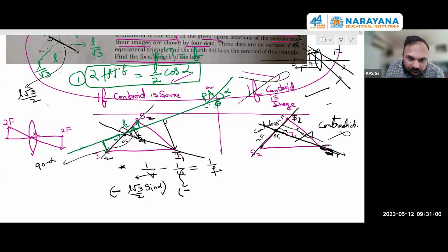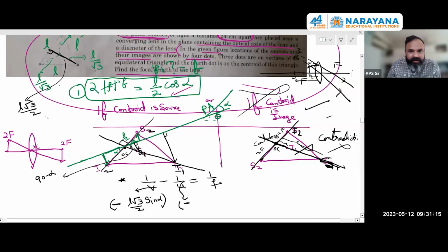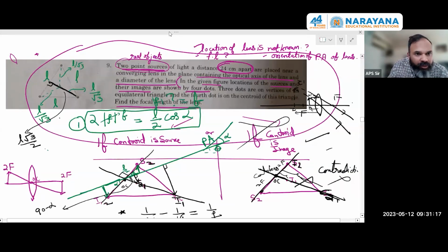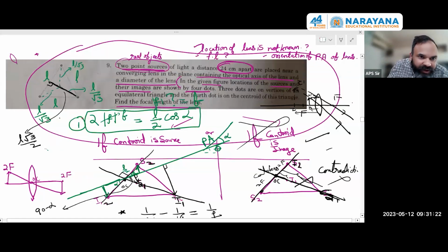Now I have to draw a perpendicular. I need the distance from S1. This black distance was known. Now let me just depict it. Let me move a bit up and show you what that distance was. I am interested in this distance.